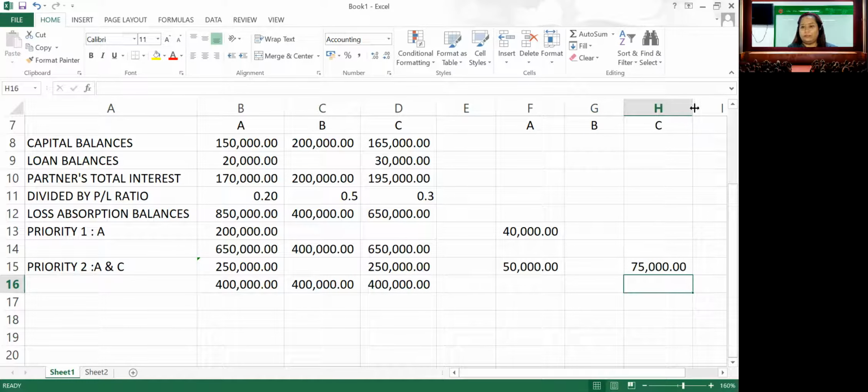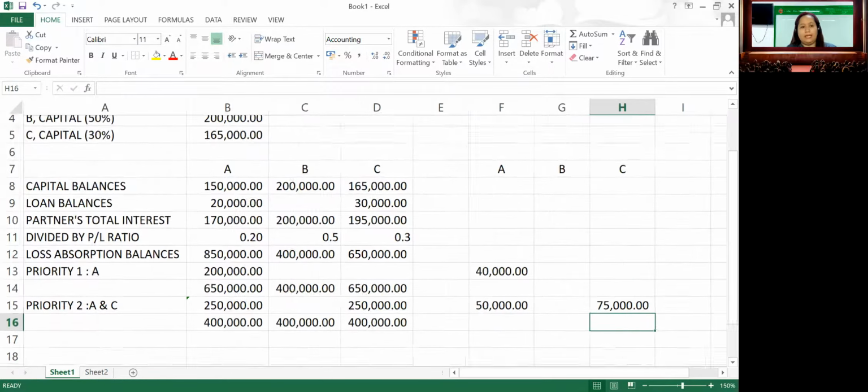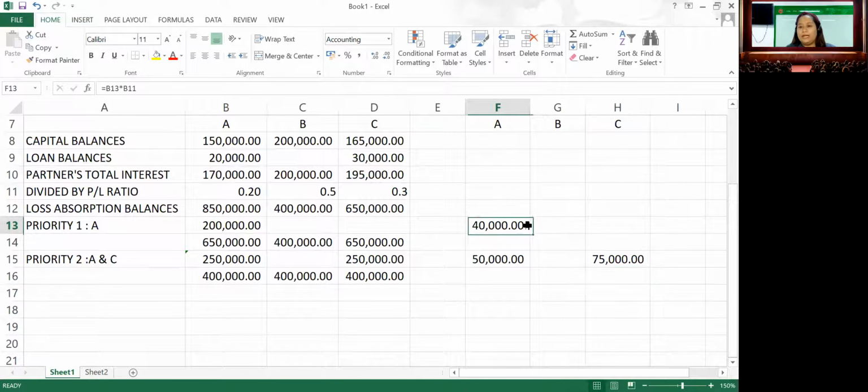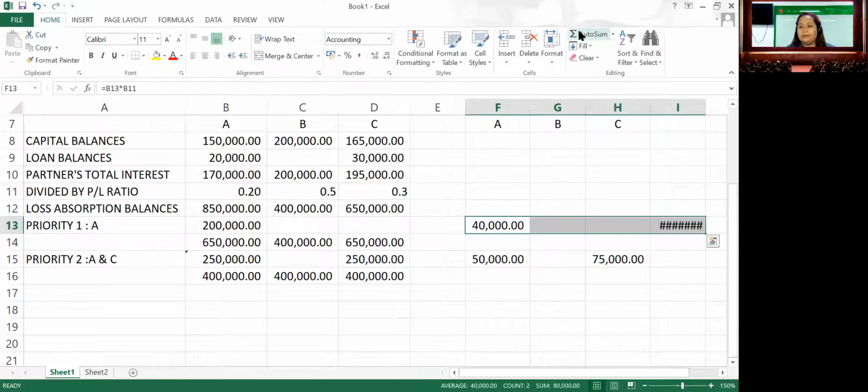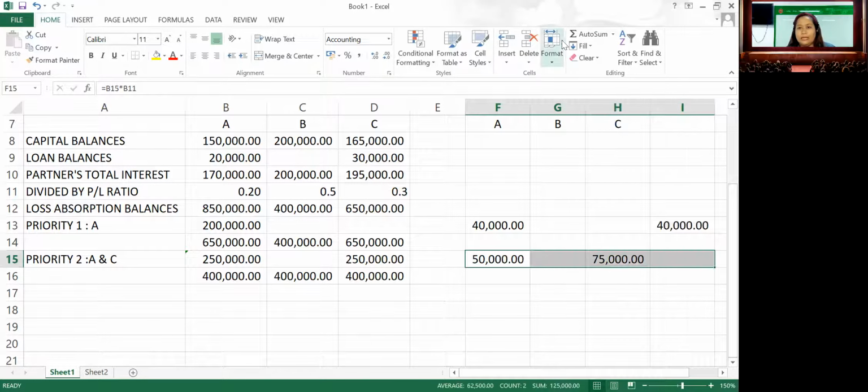Okay? So ano pong ibig sabihin yan? Yung first priority po natin, kailangan kung may available na pera, 40,000, bigay mo muna kay A. Yung second priority natin, bigyan ng 50,000 si A, bigyan ng 75,000 si B. So that's a total of 125,000.